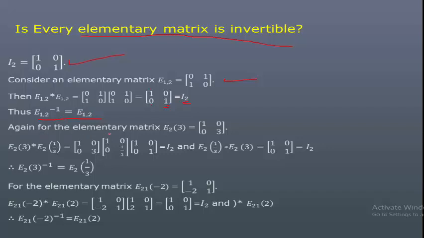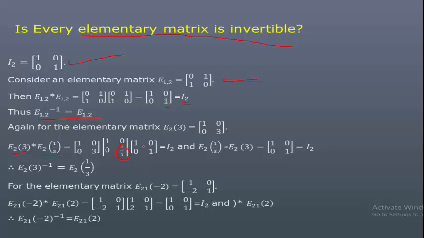Again, for the elementary matrix E23, E23 means multiplying the second row by 3, we will get this matrix. So consider here E23 into E2(1/3). E2(1/3) means multiplying the second row of the identity matrix by 1/3, so we get 1/3 here.